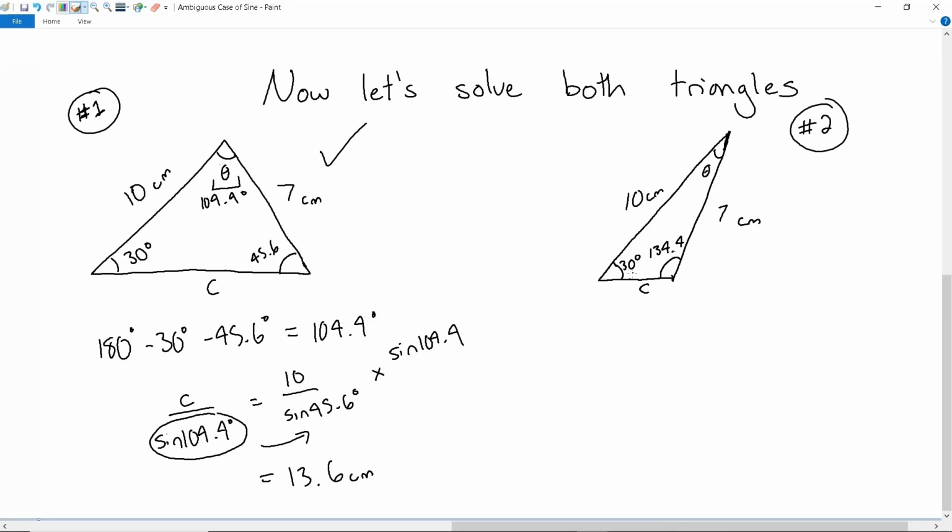Now we have to do the same thing for our second case. And this should give me 15.6 degrees up here.